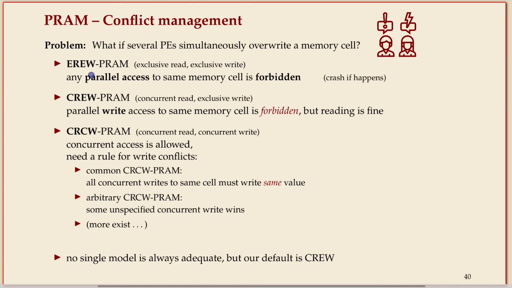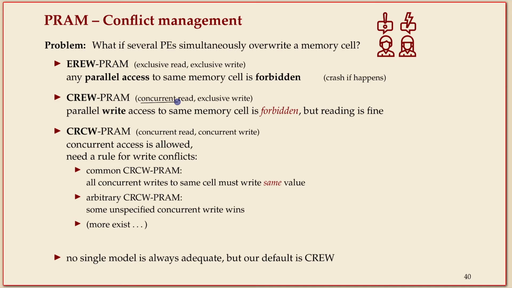It would throw an error. That's one option. This is very restrictive, but sometimes this is enough. What's definitely slightly more general and works just as well is to allow concurrent reads, because reading the same location at least is well defined. They will all retrieve the same value. So there's no problem on that side.